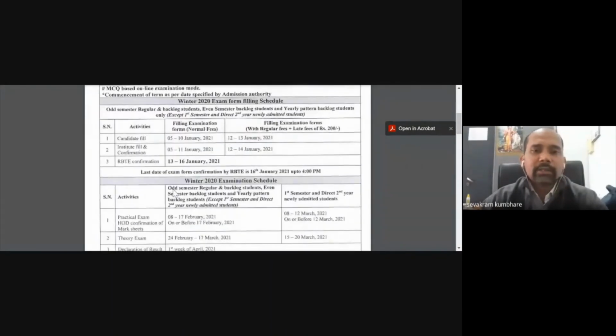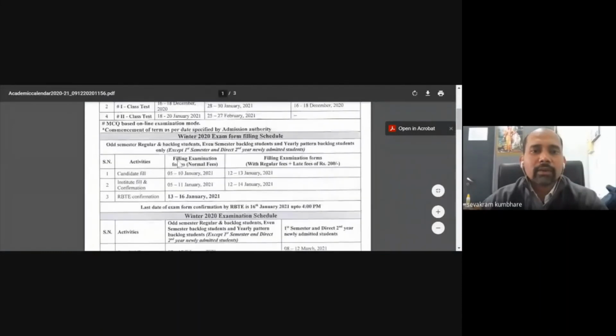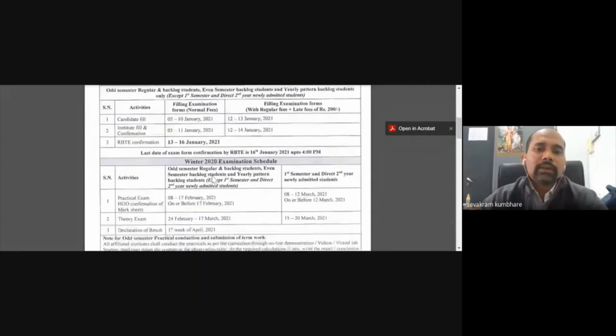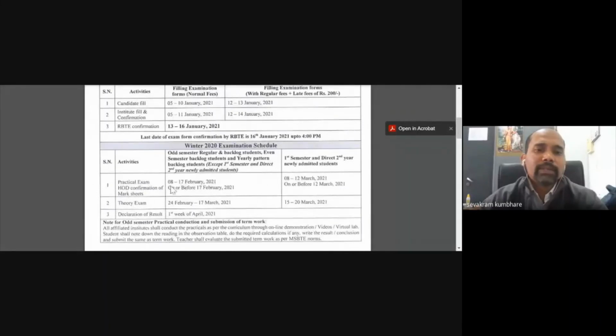And as per this, you have to fill the winter exam form between 5 to 10 January with normal fees. Your final examination, practical exam, will be between 8th to 17th of February, and final theory exam will be 24th February to 17th March, winter 20 exam.